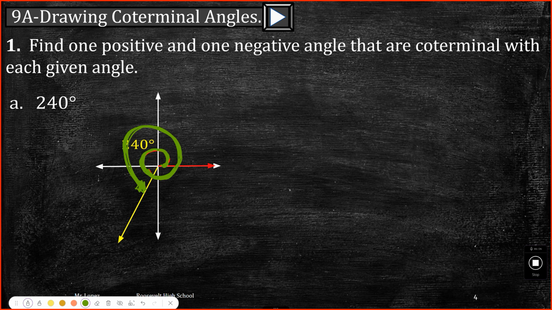570? How'd you get that? Oh, so if you go another, just add 360 to it? Yeah, add 360 to that 240, because you're just adding another 360 degrees, another circle.